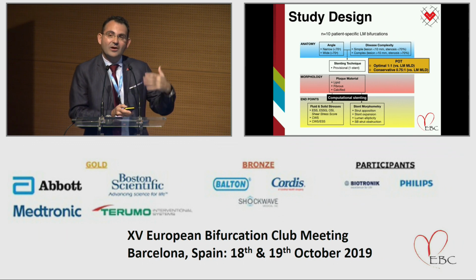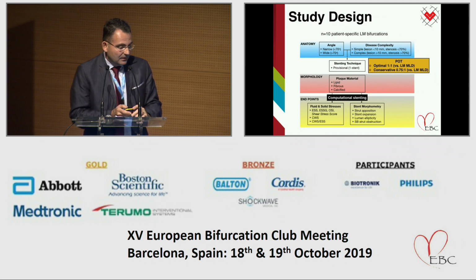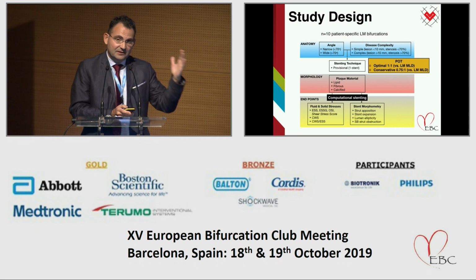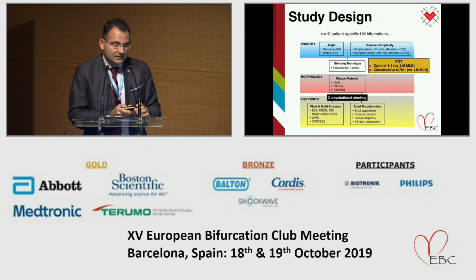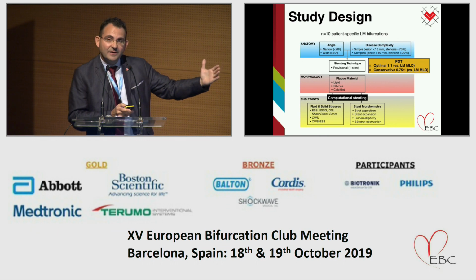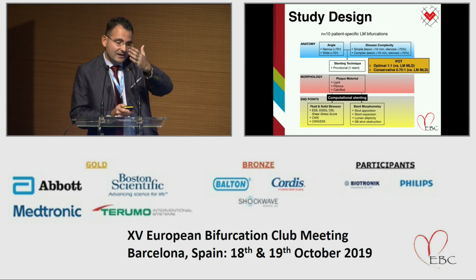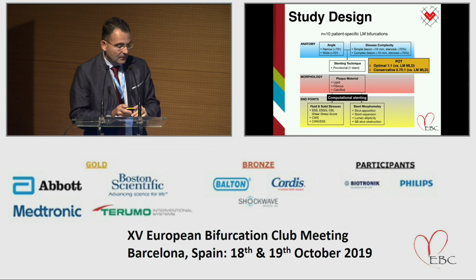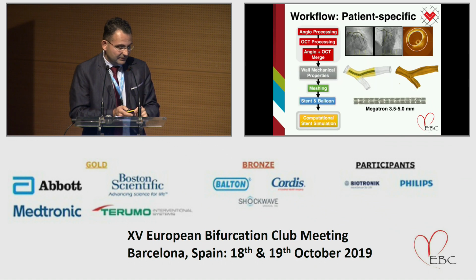So the 1:1 is more aggressive POT. We apply different material properties coming from the OCT, and we have a classification to cover the whole spectrum from lipid all the way to very calcified tissue. And then we perform computational stenting using endpoints, the fluid and solid mechanics, and also the stent morphometry.